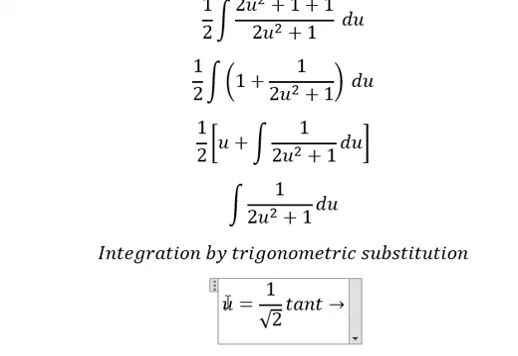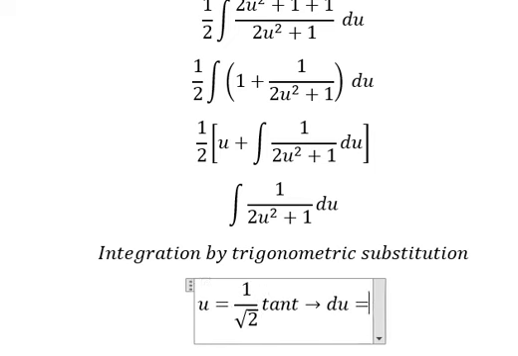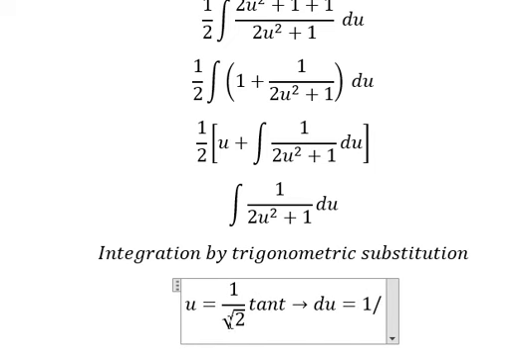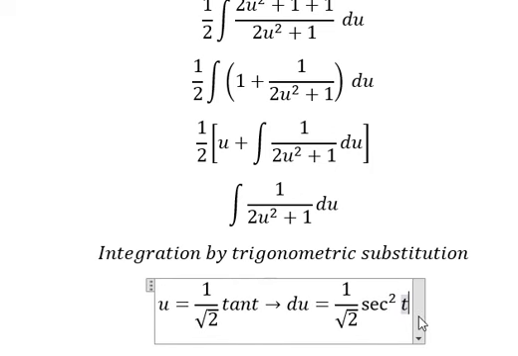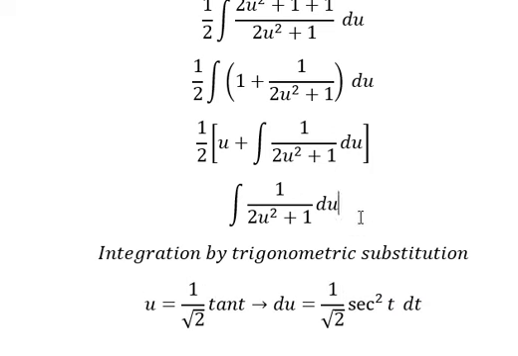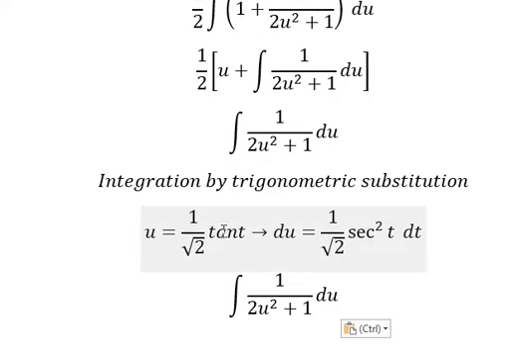First, the derivative of both sides, you get du equals 1 over the square root of number 2, and we get secant of t square dt. So we put this one in here.